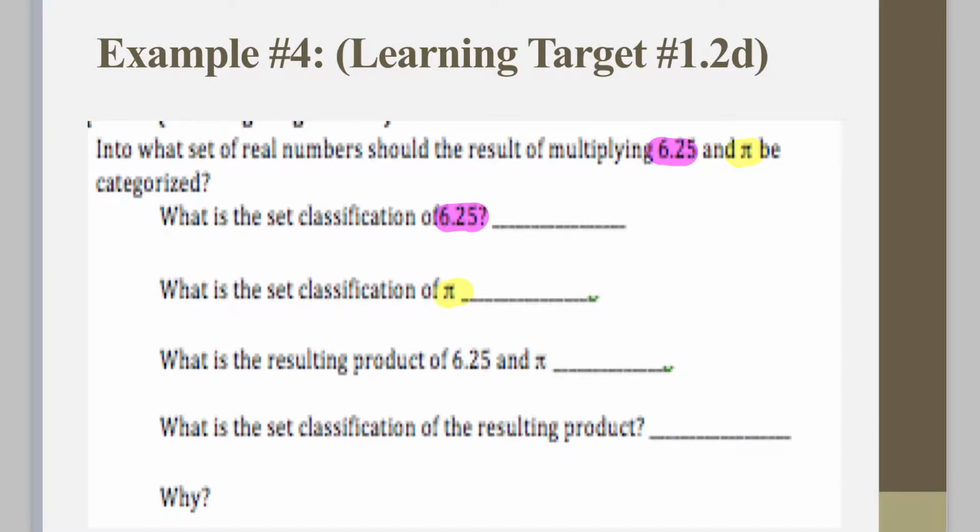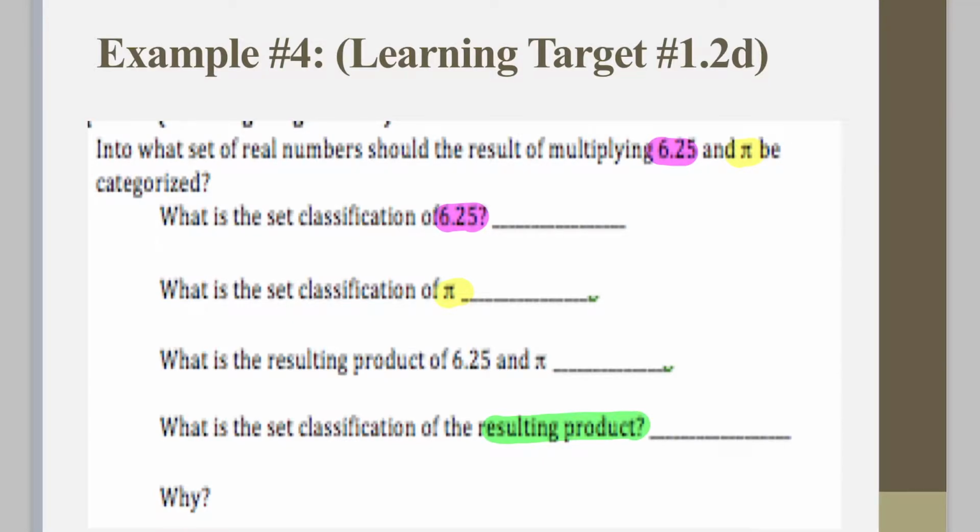And then we're also going to have a resulting product. Remember, product implies multiplication. And so to work through this example, we have to classify each of the individual parts into set classifications. And set classifications of real numbers are natural numbers, whole numbers, integers, rational, and irrational numbers.